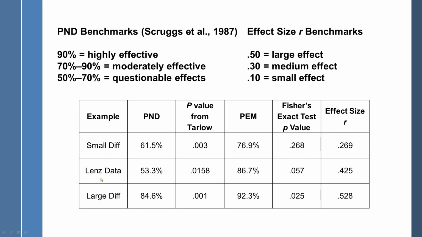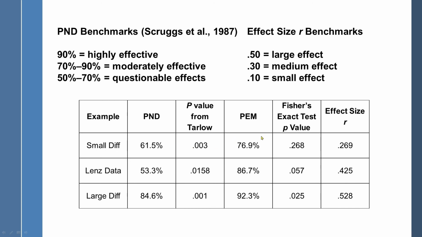The lens data shows a moderate change in treatment. And so, when you look at the small difference data set, medium difference data set, large difference data set, the patterns do not seem to be accurately reflected in the PND.